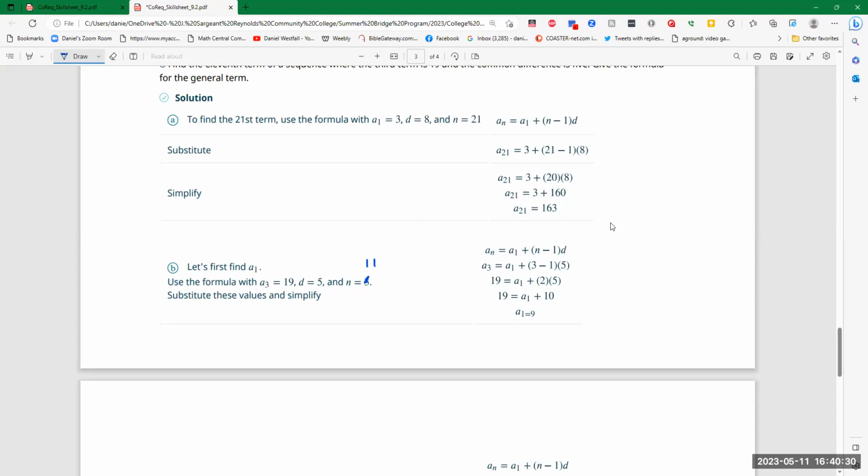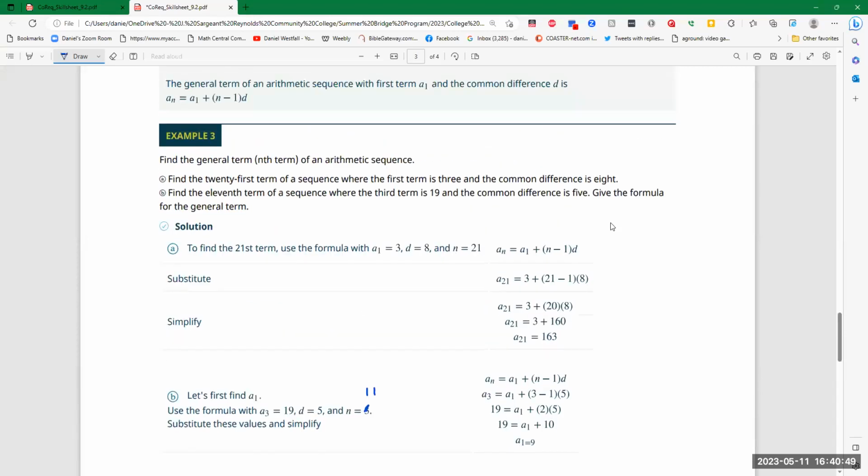Okay, so let's see how they chose to do this here, and let's hope that they used the right numbers. Find the 11th term, where the third term is 19 and the common difference is 5.